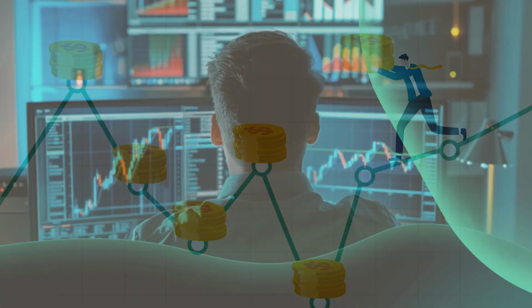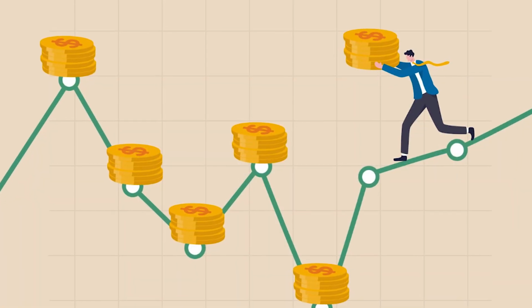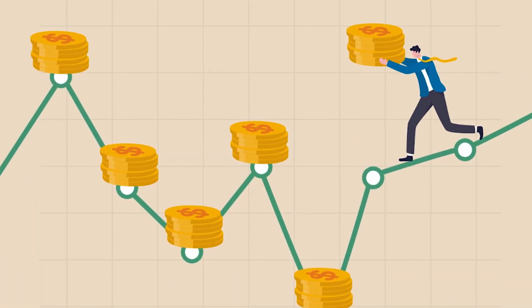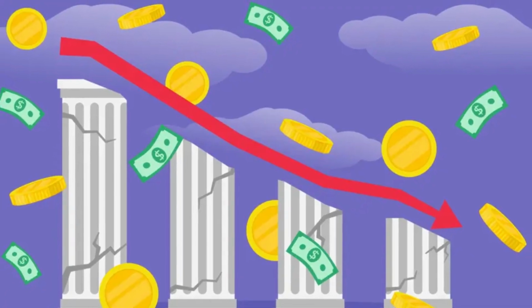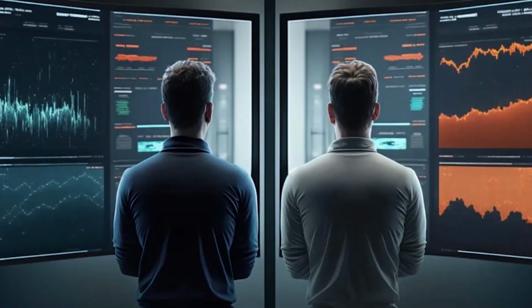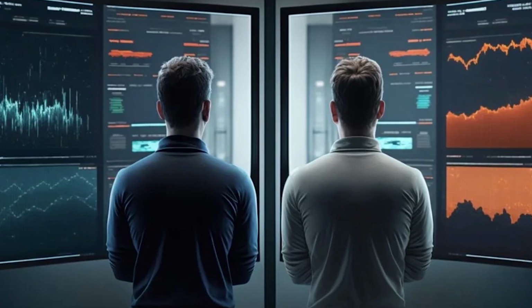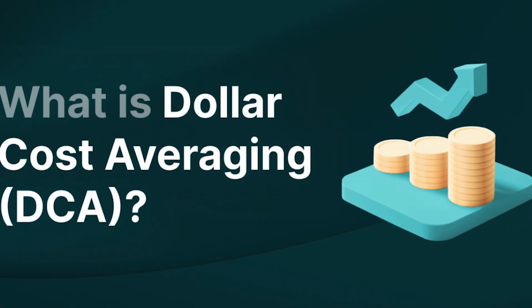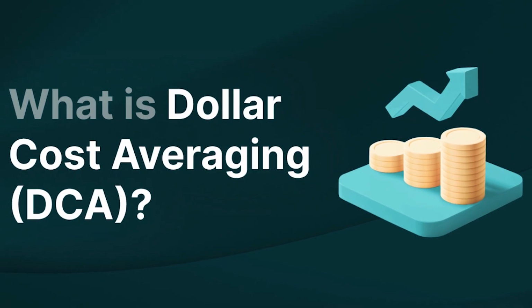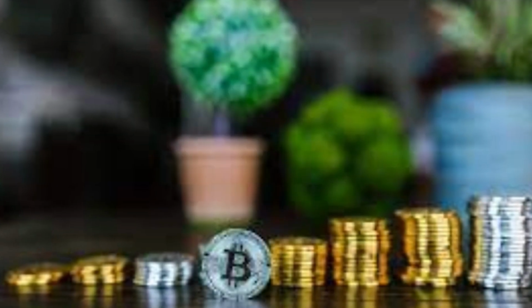So, why does this method work particularly well in crypto? The answer is volatility. Cryptocurrencies are known for massive price swings in short periods of time. Unlike the stock market, where a 5% daily move is considered big, in crypto, it's not unusual to see a coin move 20% in either direction in just a day or two.